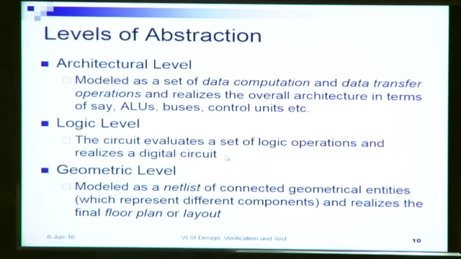So, let us quickly now take a look at what these fundamental levels of abstraction are. The first is the architectural level of abstraction. At the architectural level, the circuit is modeled as a set of data computation and data transfer operations. This is the behavior or the function.